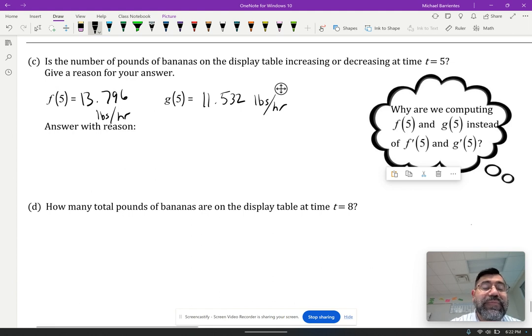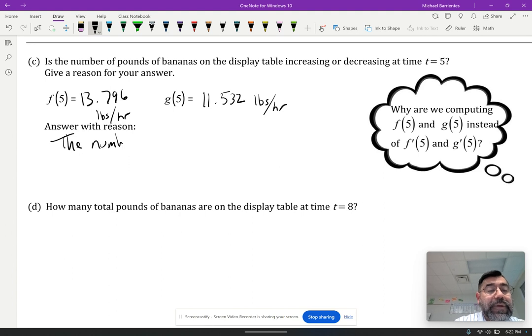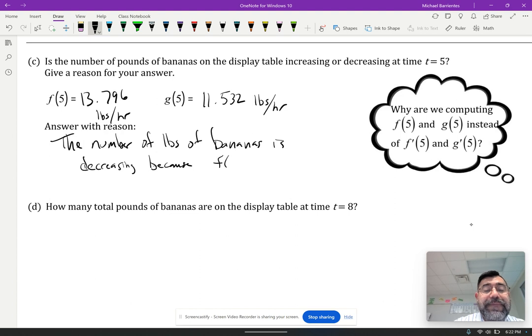Well, they're getting taken away at a faster rate than they are being added. So we're going to say the number of pounds of bananas is decreasing because f of 5 is greater than g of 5. That's one thing we could say.